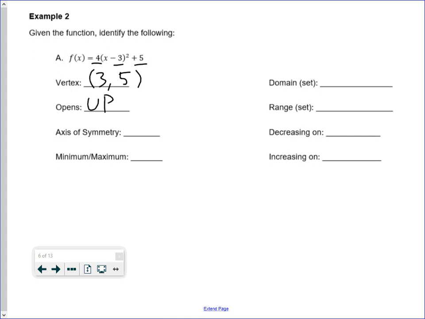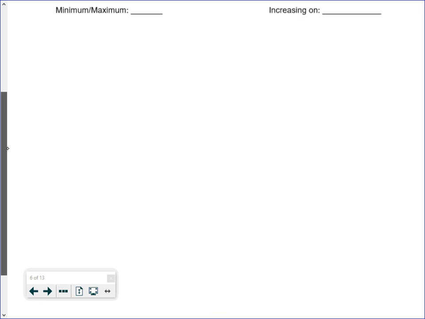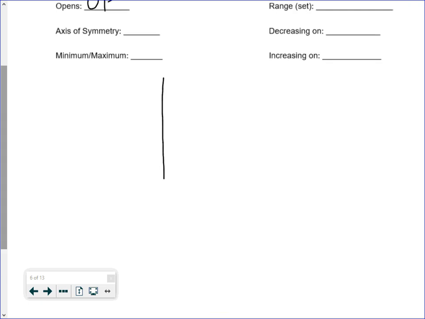So from here, what I would encourage you guys to do, once you know your vertex and which way it's opening, or in other words, its general shape, is stop and sketch a graph. Because it's just going to make your life so much easier if you have a picture to go off of rather than just looking at numbers and trying to figure out its max, its min, when it's increasing, when it's decreasing, and all that.